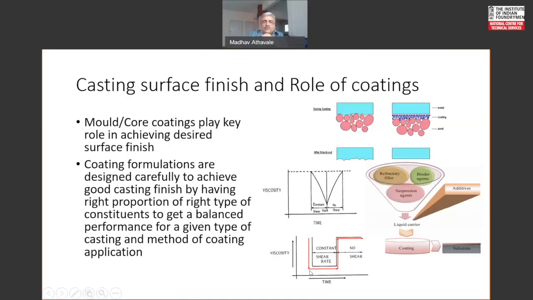And so long as constant shear is being applied, the viscosity will remain low. As you withdraw the core from the coating bath, the viscosity sharply goes up and the coating stays on the surface of the core that has been dipped. The same logic to an extent would apply in the case of flow coatings as well, though slightly modified.